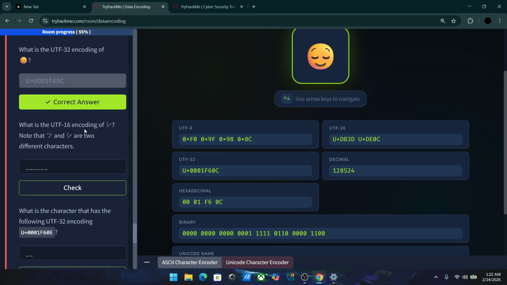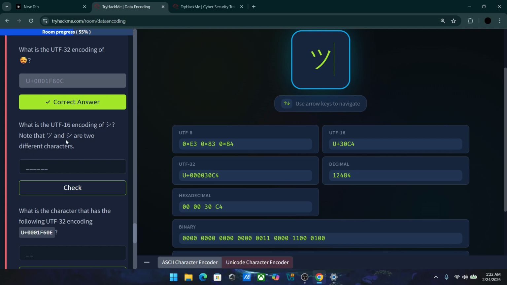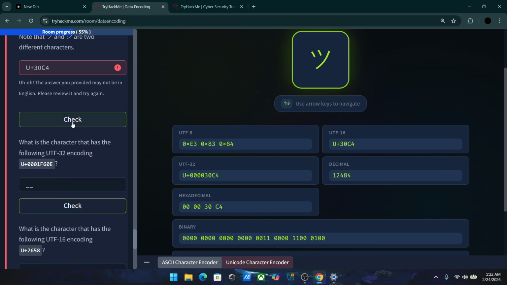What is the UTF-16 encoding? They said it is something like stu. It is a Japanese character. What are they asking? Unicode 16. Copy and paste. What the hell?